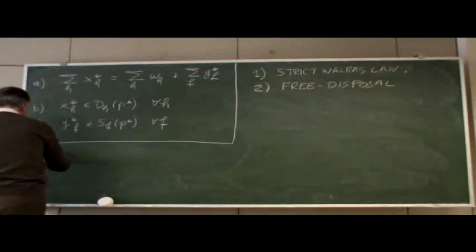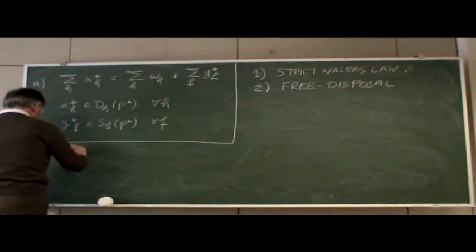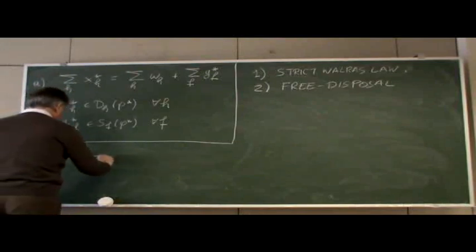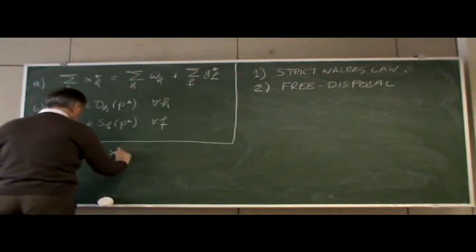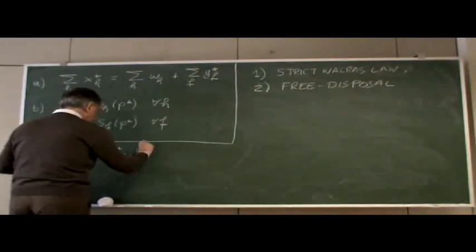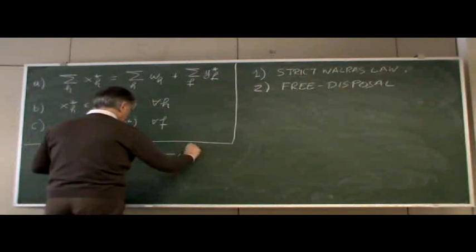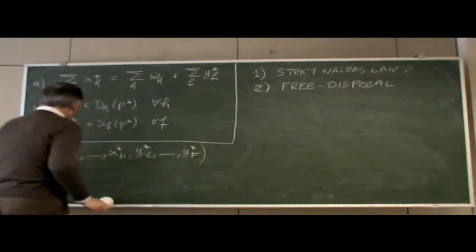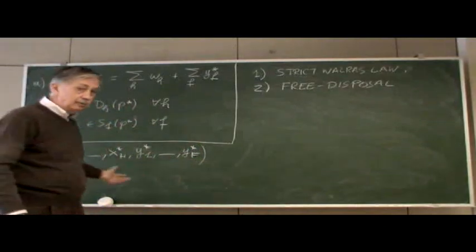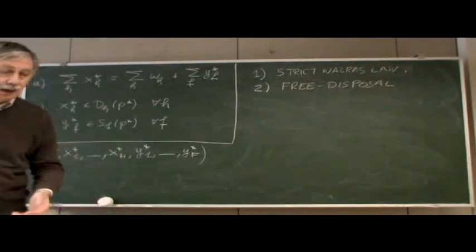Let us rewrite it. A vector like this, you remember, is a general economic equilibrium if it verifies these three conditions.